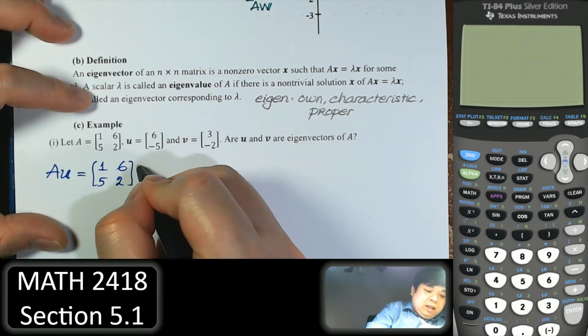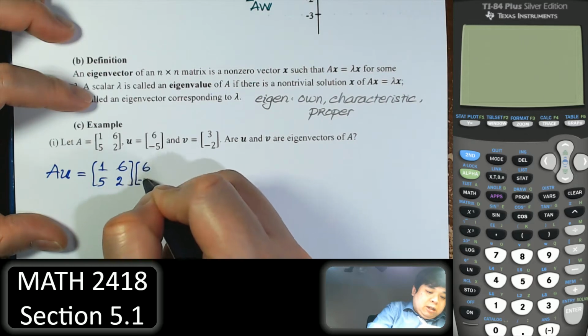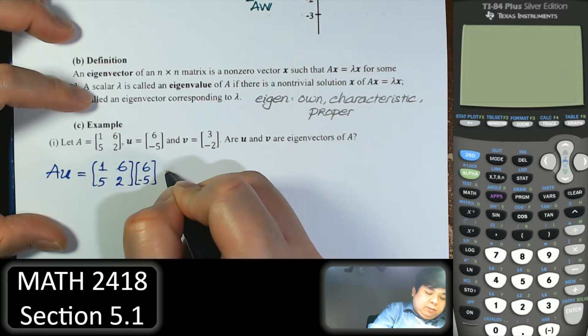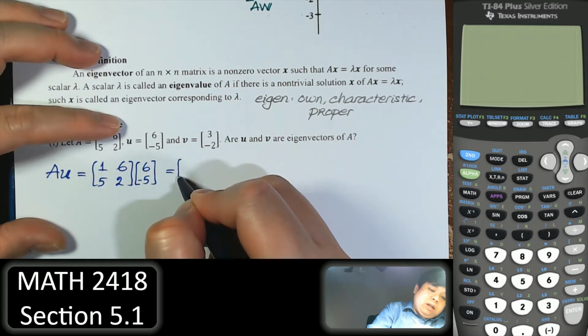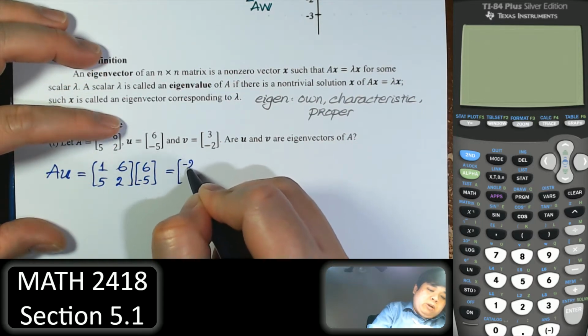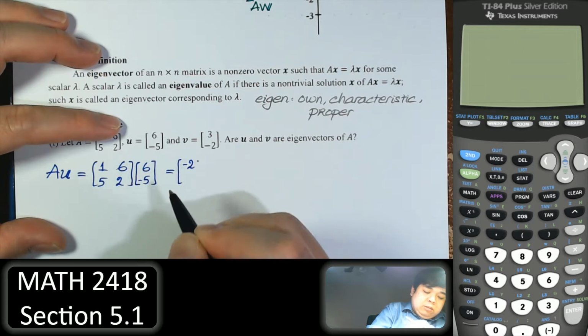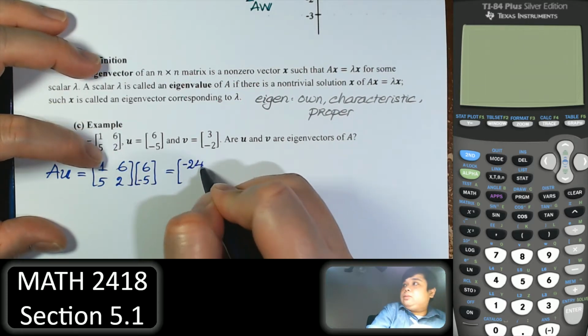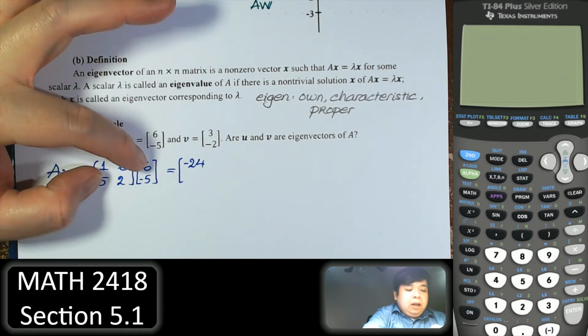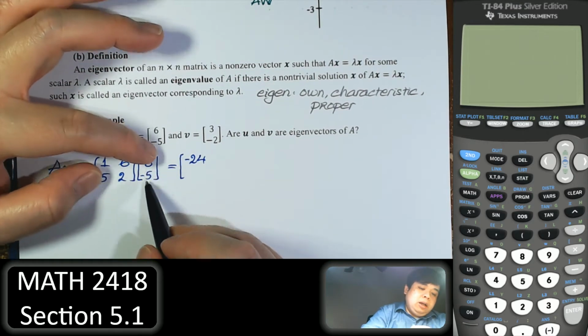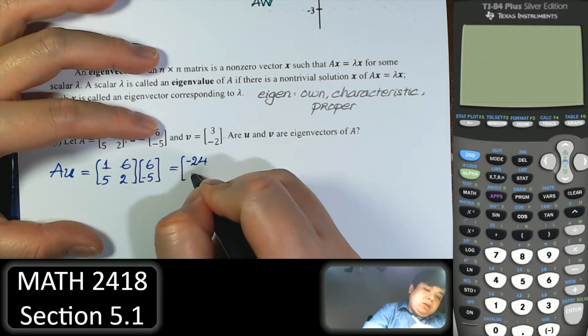So that is A and u: 6 times -5, so that's 6 minus 30, which is -24, and 30 minus 10, that's 20.